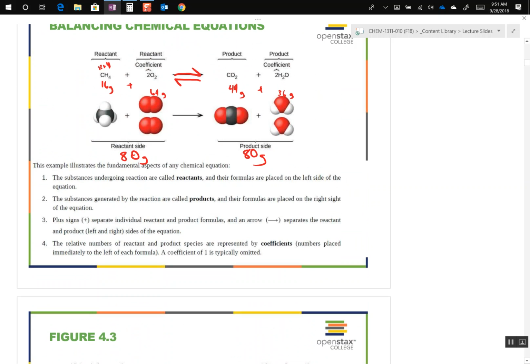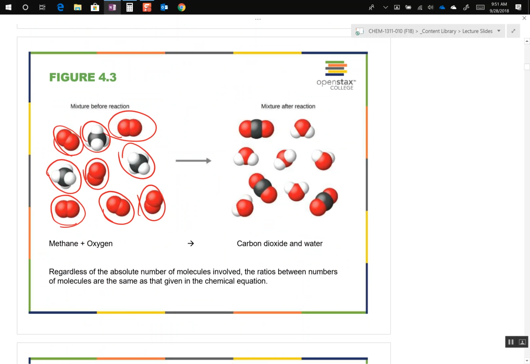According to this chemical equation, which is balanced, if I have 1 methane, it will react with 2 oxygens, right? So if I have 3 methanes, then it should react with how many oxygens? 6, right? So that means that this is stoichiometrically correct.